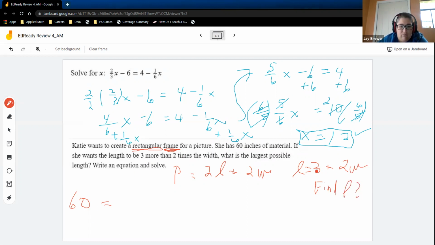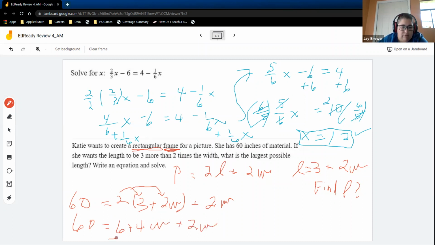So we're going to plug what we know for L in terms of W into the equation. So 2 times (3 plus 2W) plus 2W. Okay. So again, we're distributing here. This is more the distribution that I like to use than the one where you can do it differently. 2 times 3 is 6, plus 2 times 2 is 4W, plus 2W.